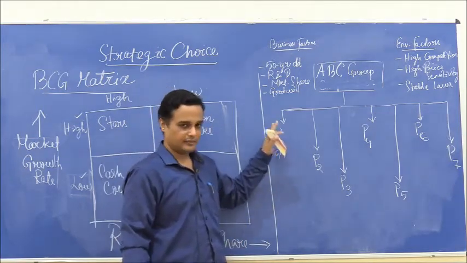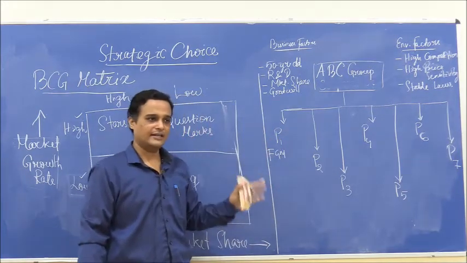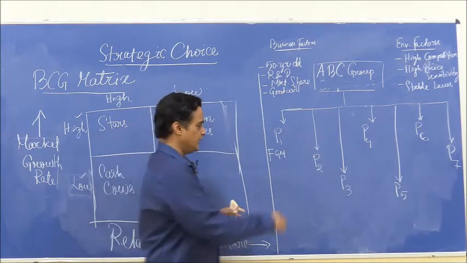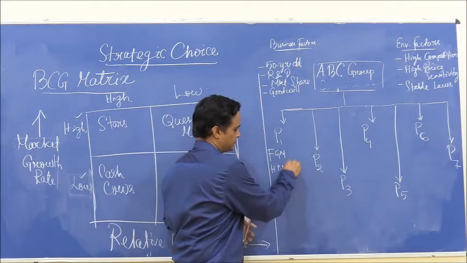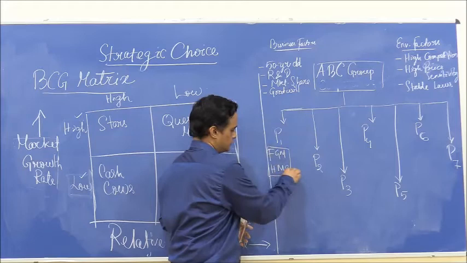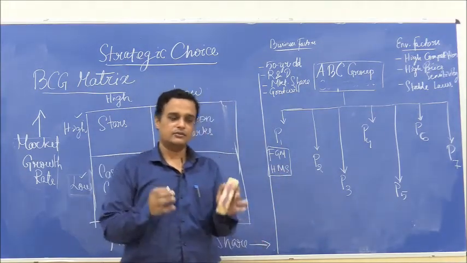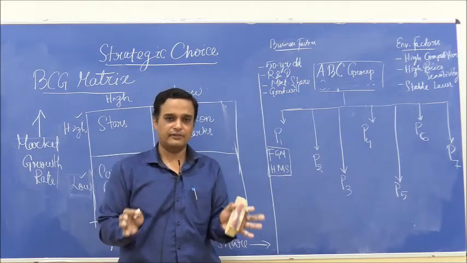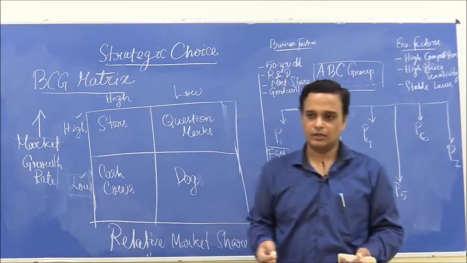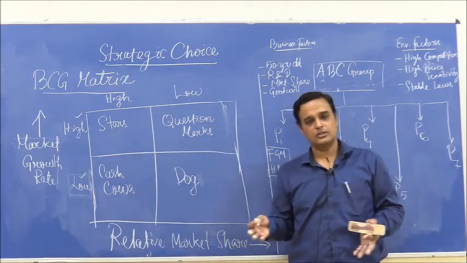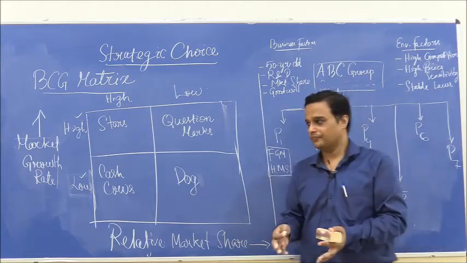P1 is a product line whose market is growing very fast and it has a high market share, meaning in that fast growing market its own market share is pretty good, which means P1 could be a market leader or at least a market challenger or at least in the top 3 of that particular product segment.